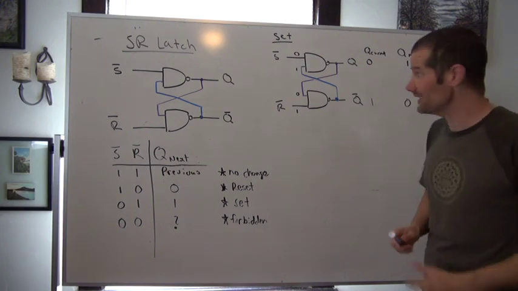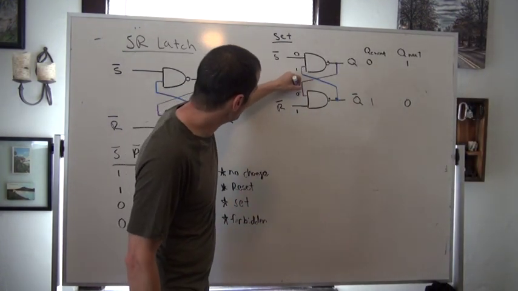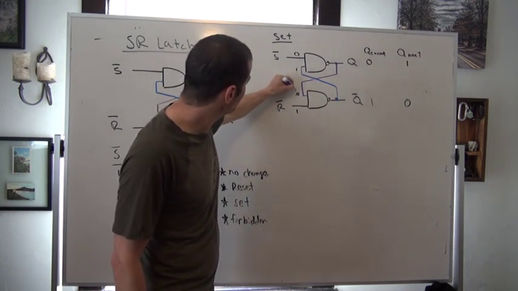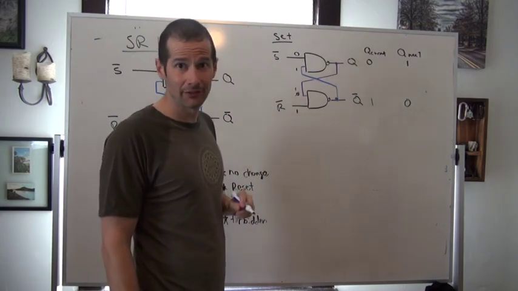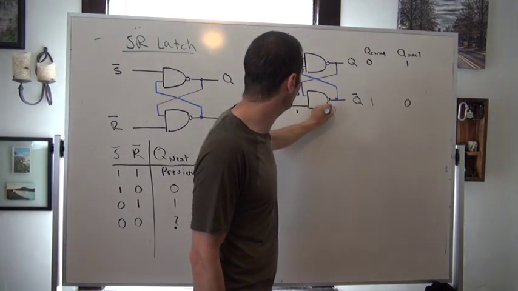And if that's the case, then we can go through, cross out the 0 right here, and put a 1, in which 1 and 1 NANDed with each other causes that output to go to 0.